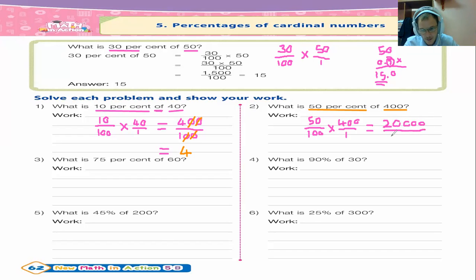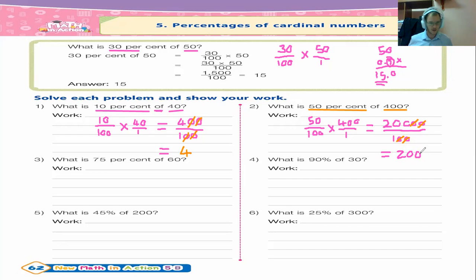Divide by 100 equals... eliminate 2 zeros here, eliminate 2 zeros here, and then our final answer will be 200. So you can see if we do it either way, the answer is the same. It did not change at all.